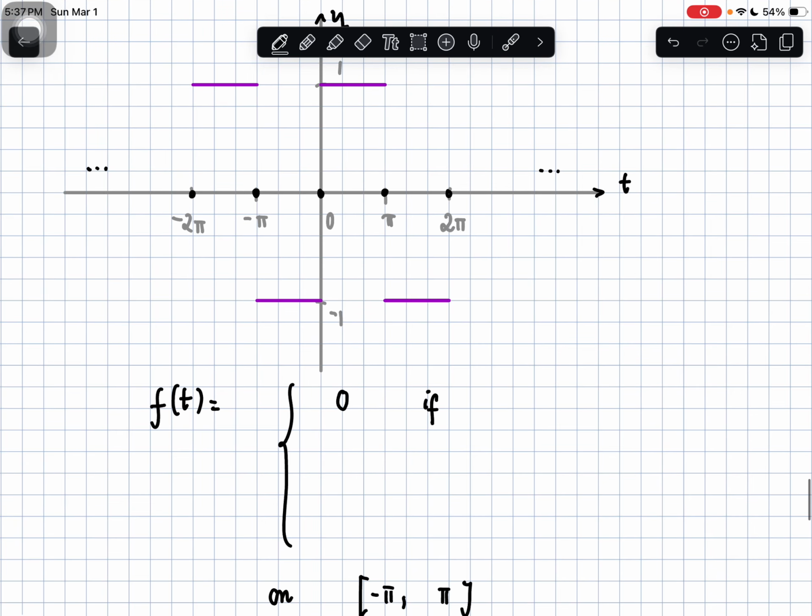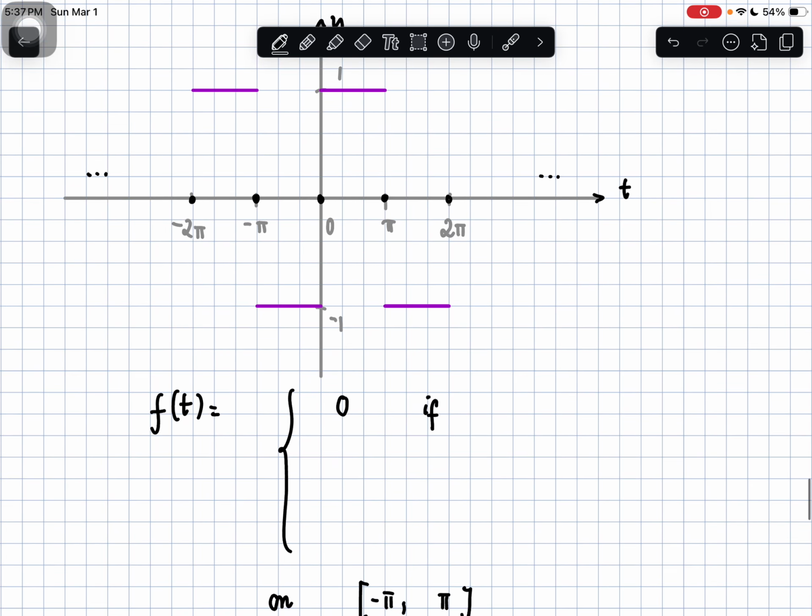So it is equal to 0 if t equals minus pi, 0, pi. It is equal to -1 if t is between minus pi and 0. It is equal to 1 if t is between 0 and pi.